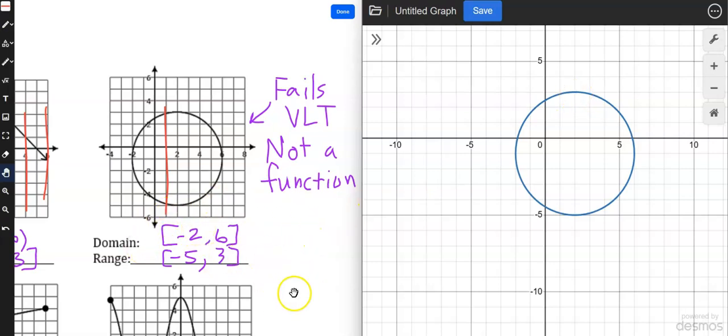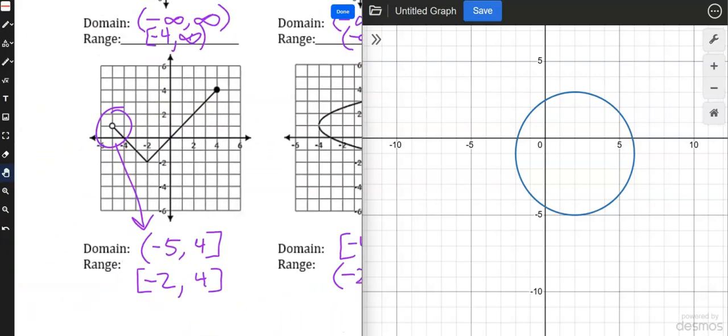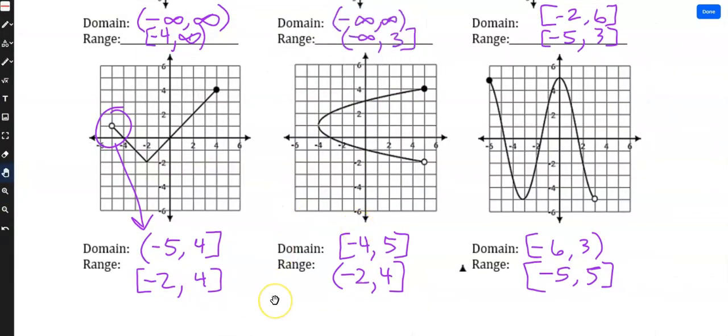And it includes those values on the endpoints, which is why they have to have the brackets. So these other ones, they have stopping points. So it's not like I can graph them on Desmos so very easily.